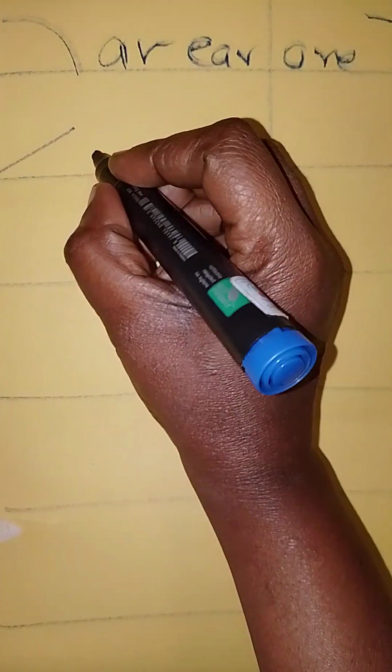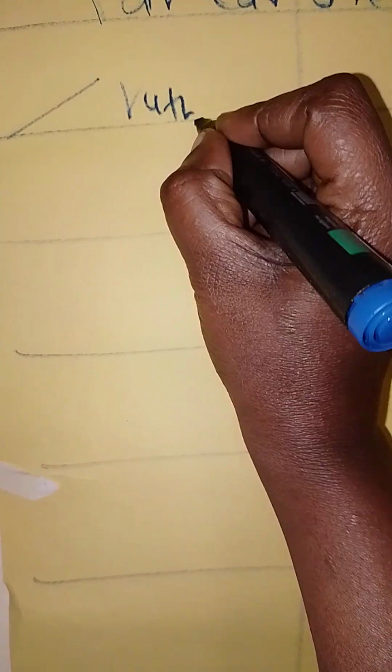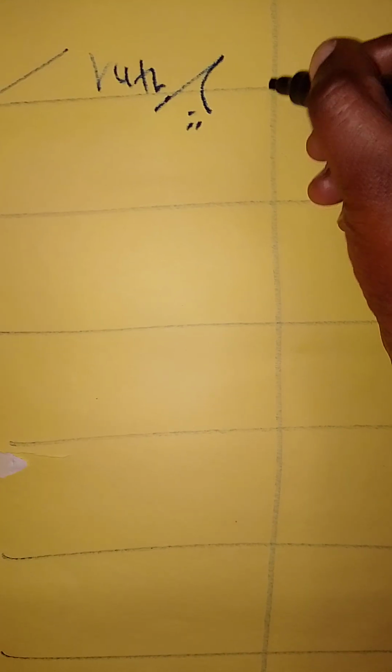Then the second R, the upward ray, when a word begins with R, in words like Ruth, it's a noun, we place the capital signs, rope, ready, rig, rag.